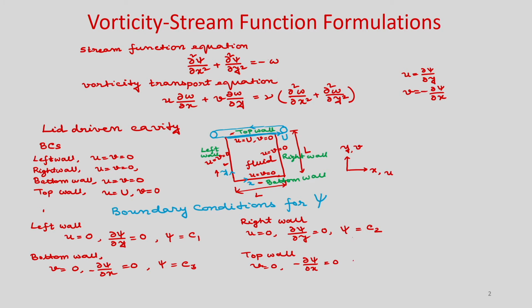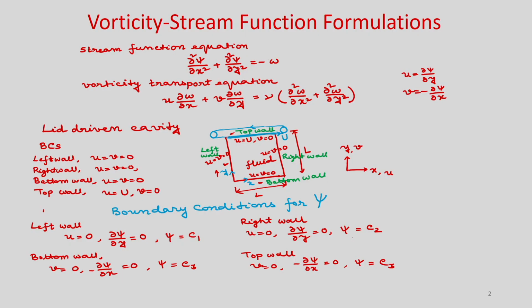So, minus ∂ψ/∂x is equal to 0. So, ψ is equal to C4. So, from the normal velocity boundary conditions, we have found that in all boundaries you have constant stream function. So, left wall is C1, right wall is C2, bottom wall is C3 and top wall is C4.